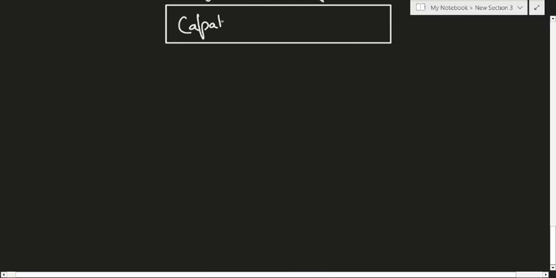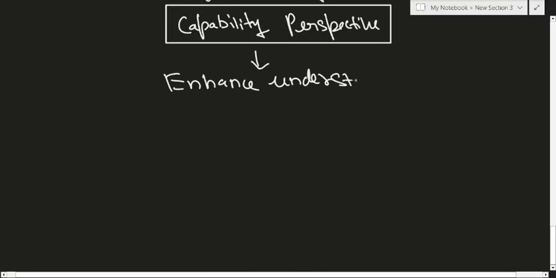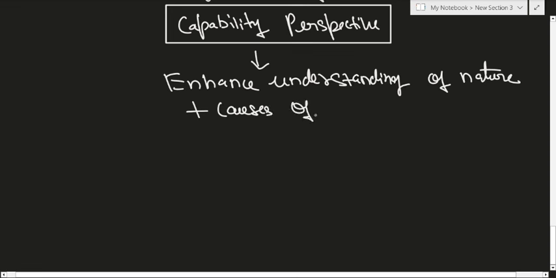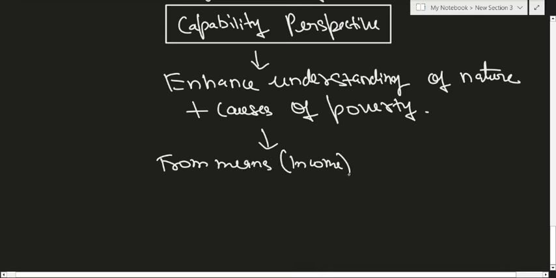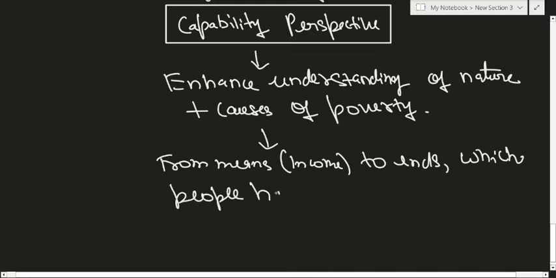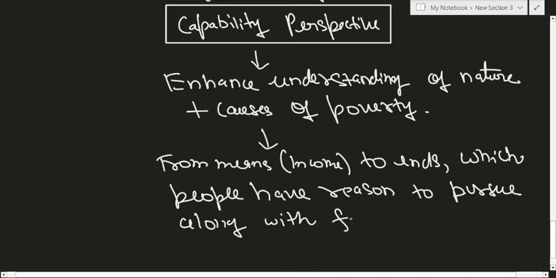Capability perspective: it enhances understanding of the nature and causes of poverty by taking us from means, that is income, to ends which people have reason to pursue, along with the freedoms to be able to satisfy the needs.